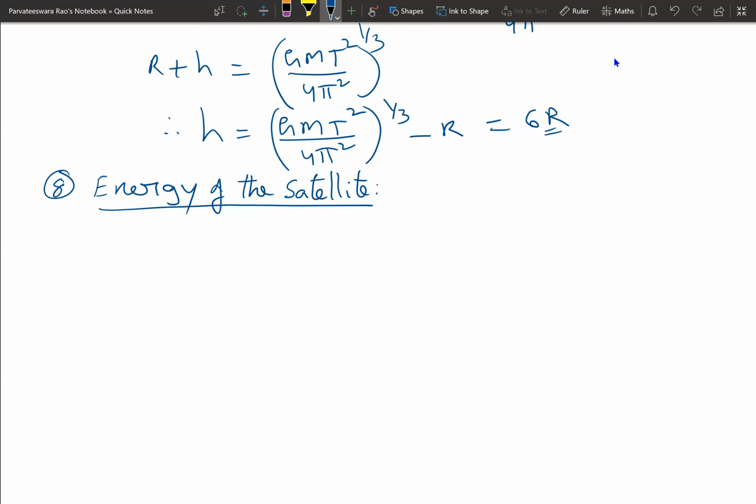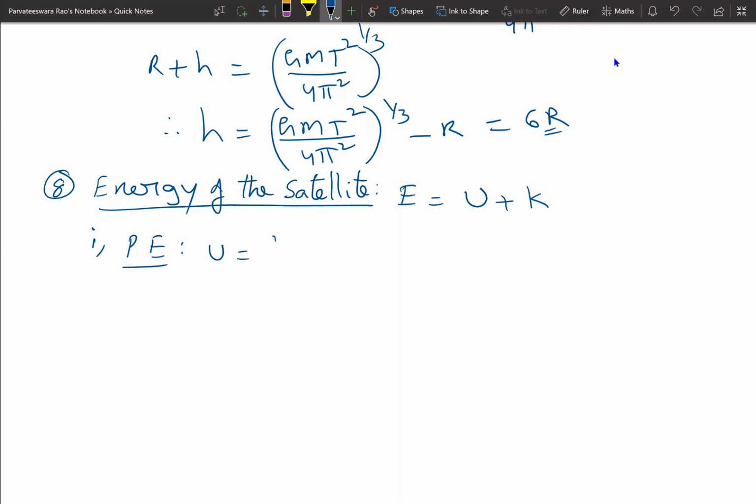Because of its stable configuration, the satellite is not falling onto the Earth's surface. It is always remaining at that altitude. So because of the stable configuration of the satellite in the orbit, it possesses potential energy. Since it is moving with a speed v, it will have kinetic energy. Therefore, the total energy of the satellite is U plus K. So potential energy of the satellite.